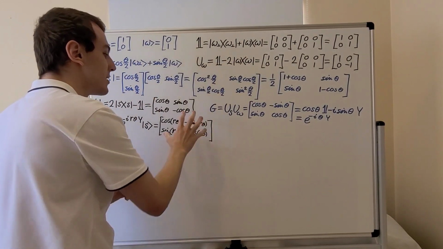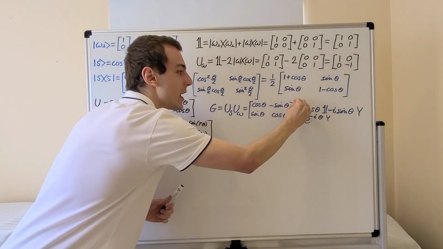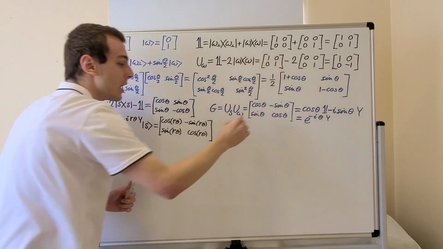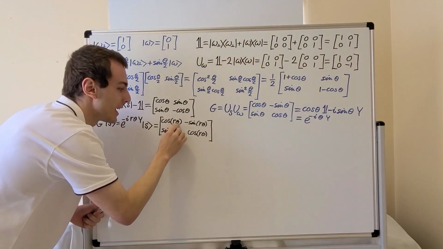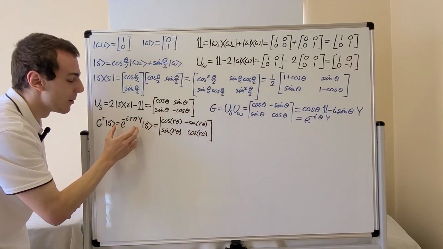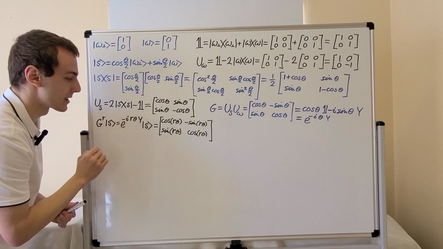So you can see what has happened to this matrix. This matrix is the same as this matrix raised to the power of r. And raising this matrix to the power of r is the same as multiplying this angle by a factor of r. And we can see that by writing this in terms of this exponential of this matrix.